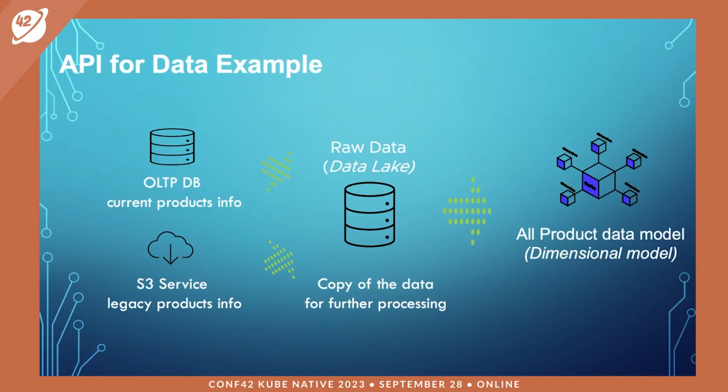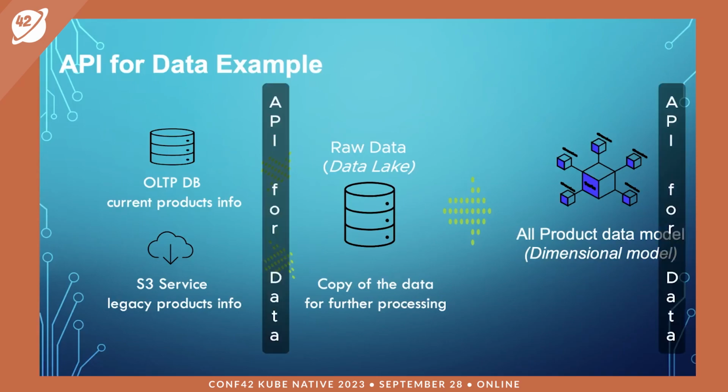So where is the API here? Well, an API is communicating between two applications. We have, of course, an API between the source applications and our data application. And we need an API between our data application and downstream applications like BI or other software applications and services.